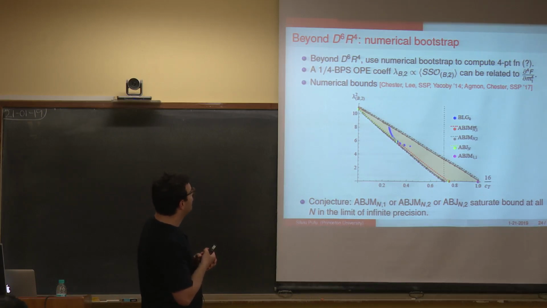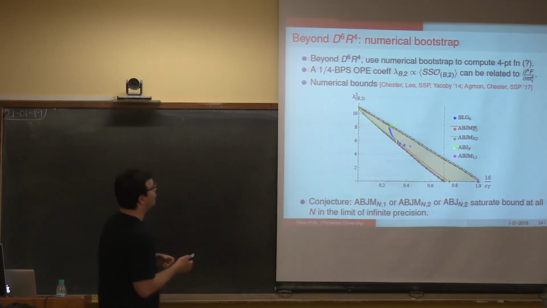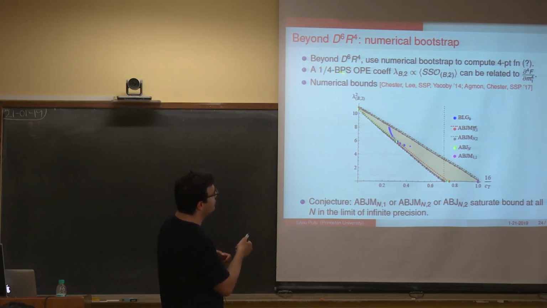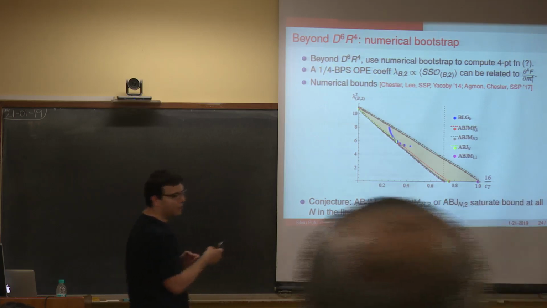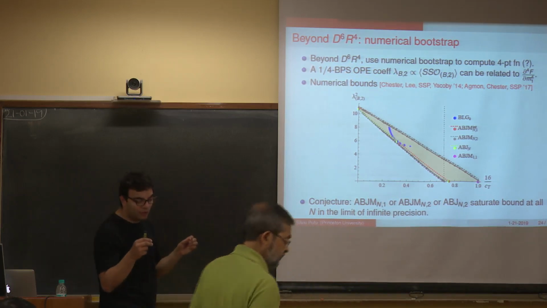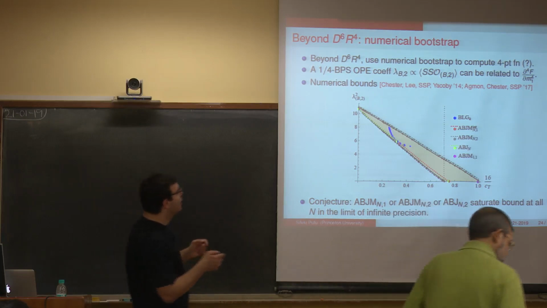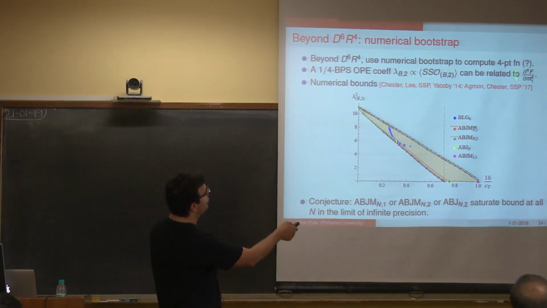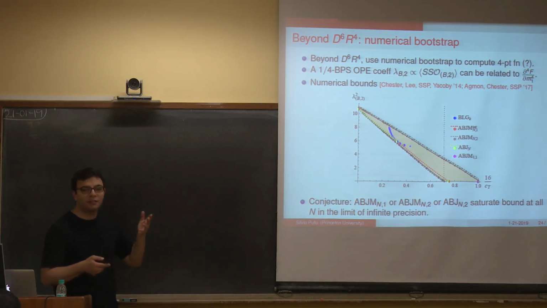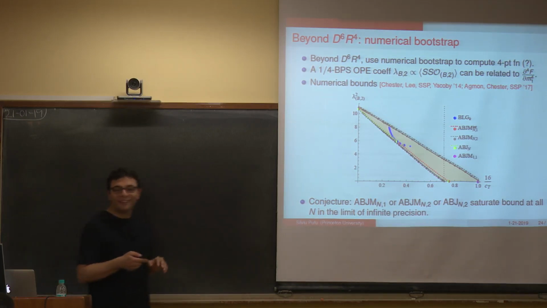And as evidence for that, well, first I should say that there's some other OPE coefficient in the superconformal block expansion of SSSS that can also be related to the 4th derivative with respect to the mass. I might explain this tomorrow.